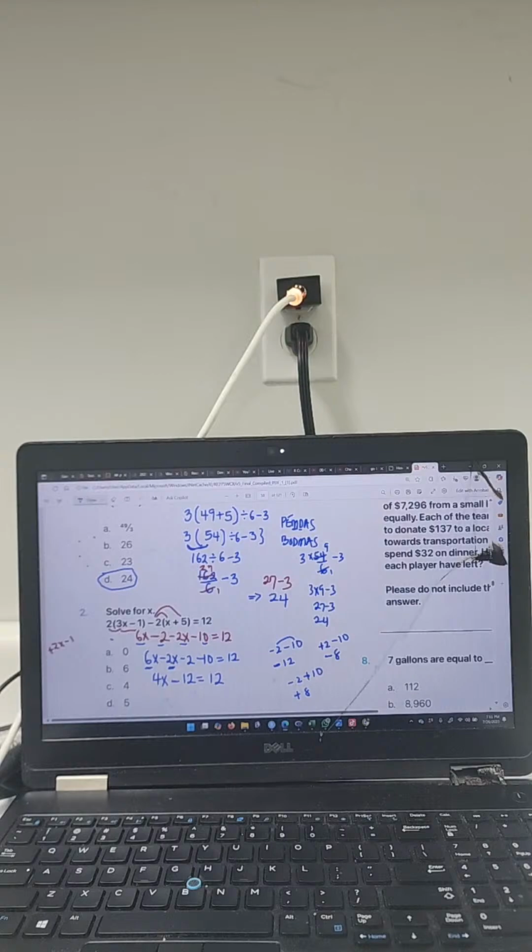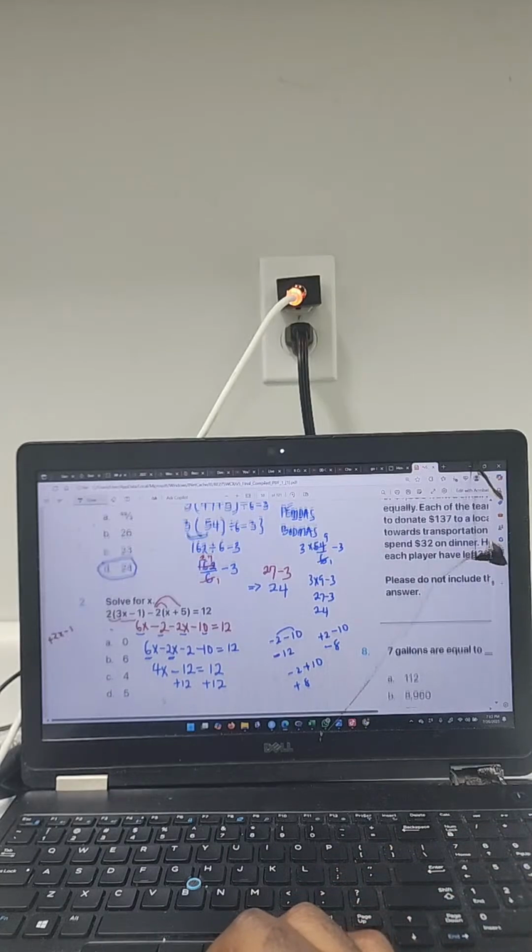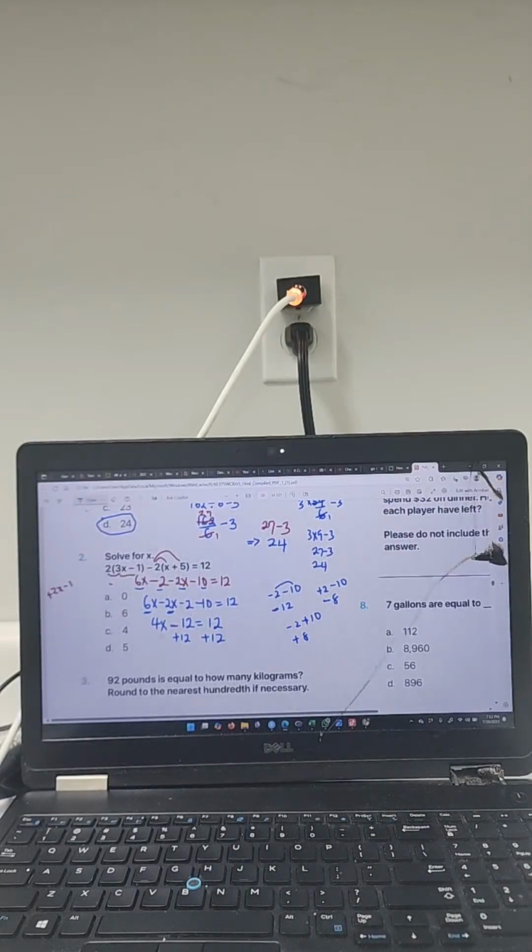So from here, to get the value of x, what you just have to do to both sides is to get rid of this, add 12 to both sides. So if you add 12 to both sides, you're going to have 4x equals, this is going to cancel out, 24.